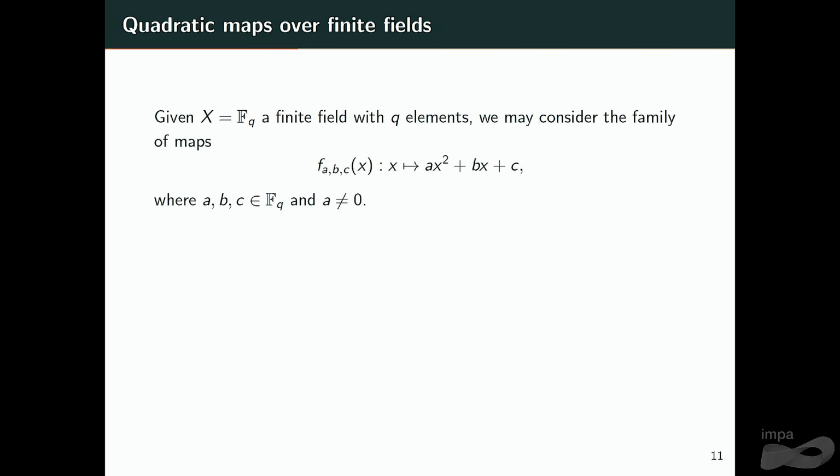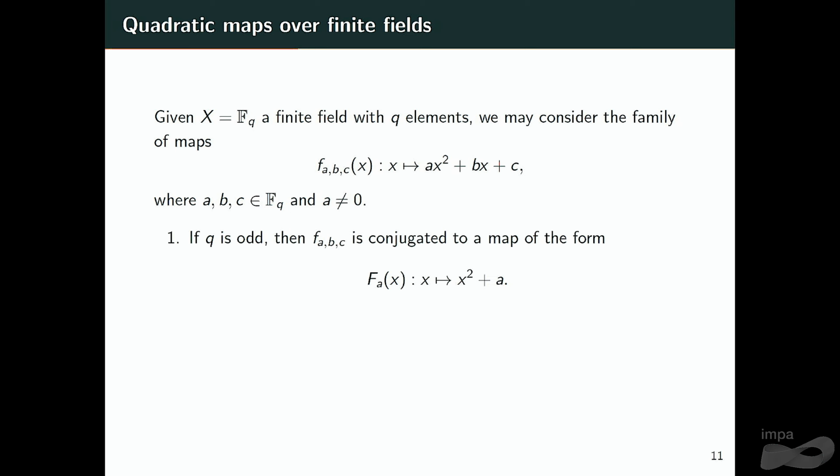So here's an example. It's not the main topic of this talk, but for instance, we can consider the family of all quadratic maps over finite fields. In particular, if my characteristic is odd, not 2, this is always conjugated to x squared plus a. It's natural to consider this problem because over the complex setting, this is a very well-studied object.